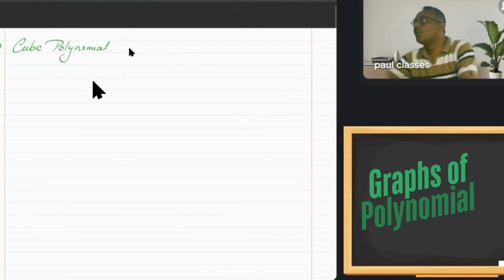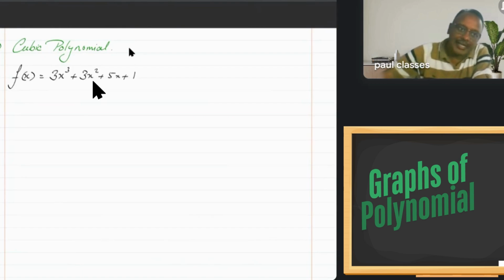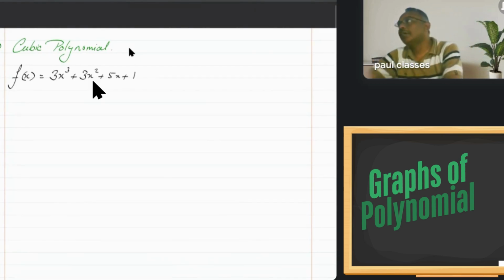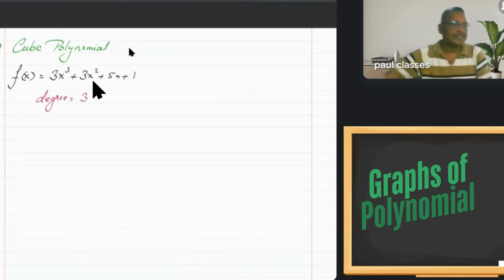The cubic polynomial. Okay? What is a cubic polynomial? A cubic polynomial is something like this. What is the highest power of x here? 3. So what would the degree be here? The degree is 3.